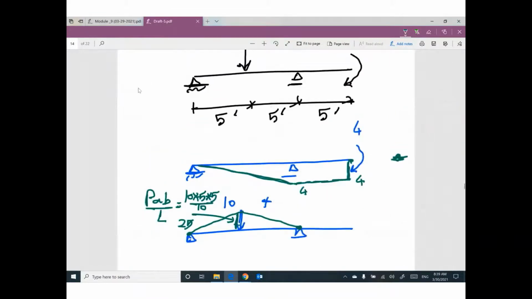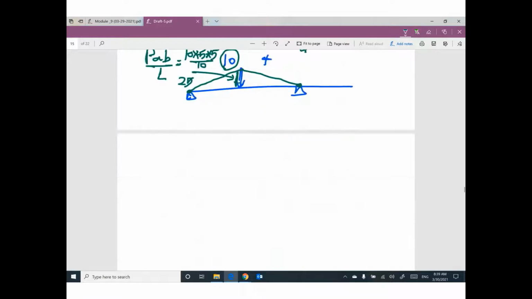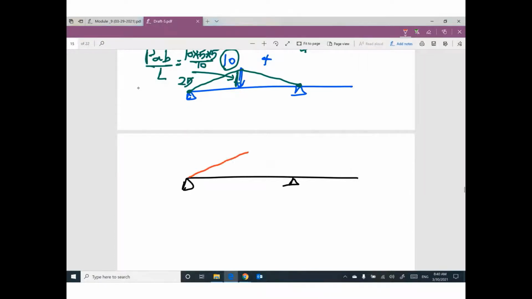But we don't have this one alone, and we don't have this one alone. We have both of them at the same time. So your final conclusion is my bending moment diagram will be like this: this triangle, which is 25, beside this shape, which is 4 and 4.